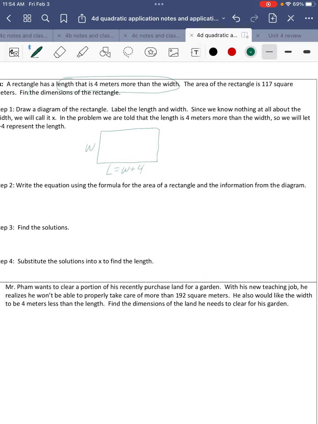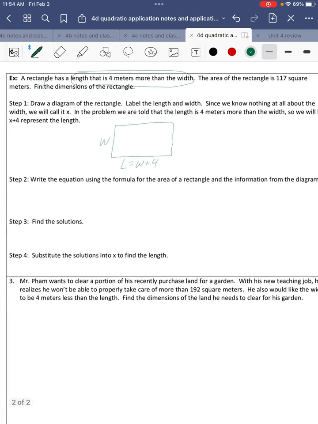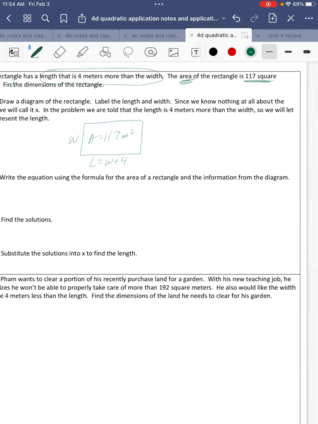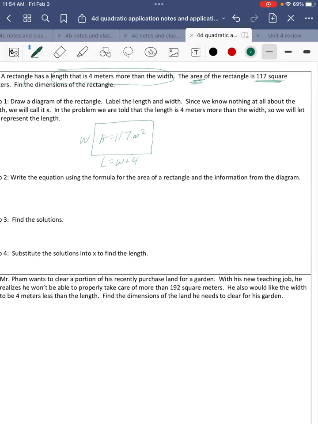We don't know what the width is, but we know that the area of the rectangle is 117 square meters. Every time we're talking square anything, that's the area. So area equals 117 meters squared. Now, we're talking area, so that's length times width.